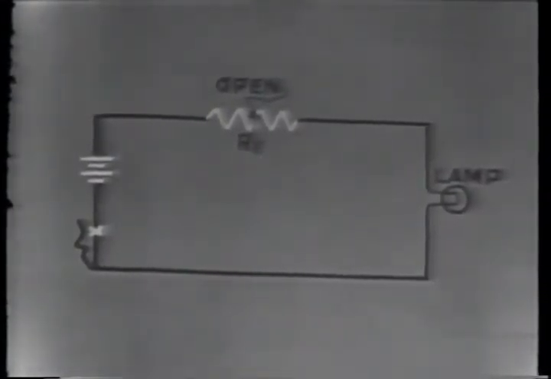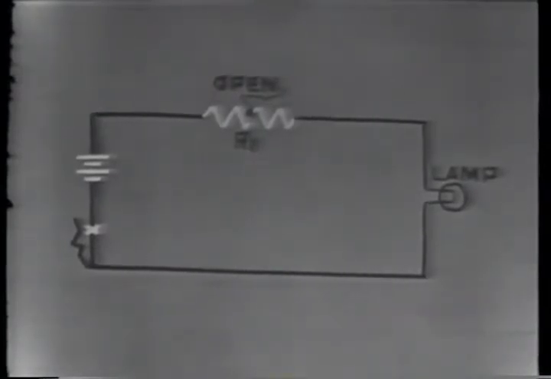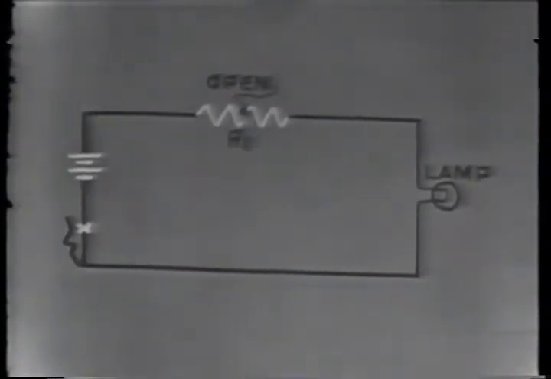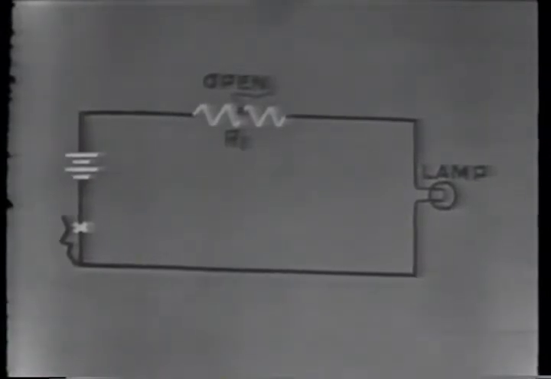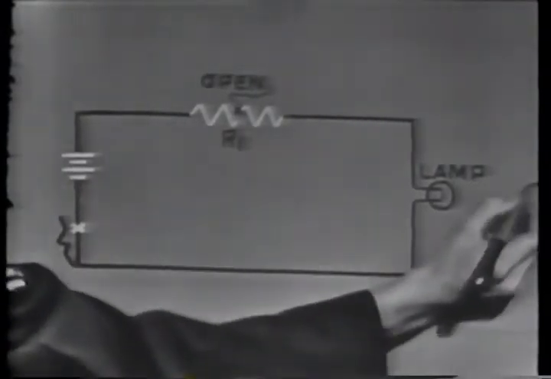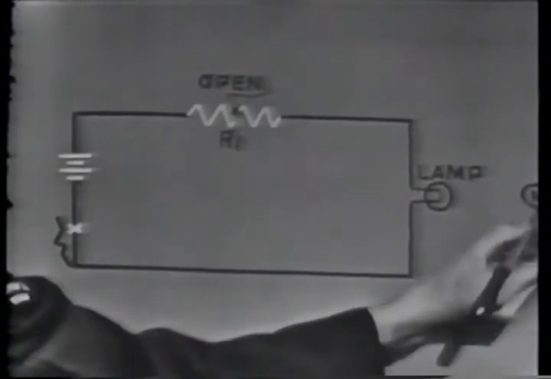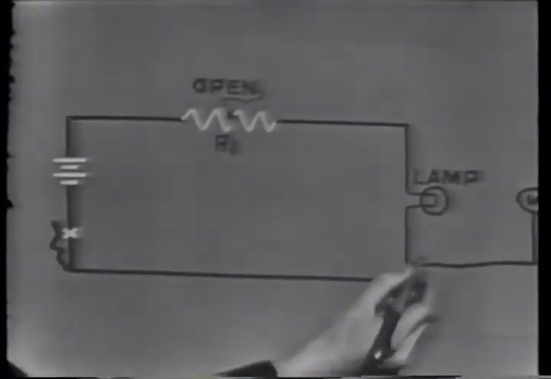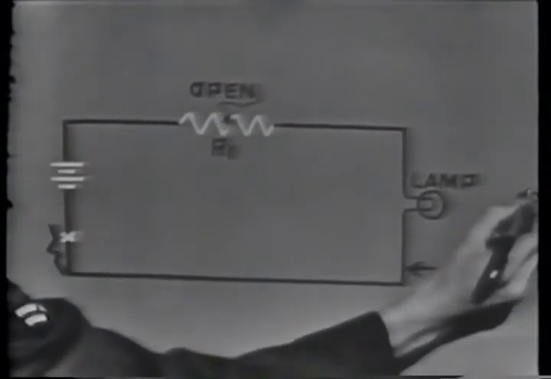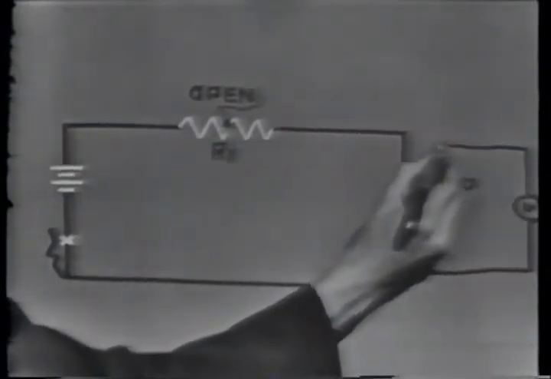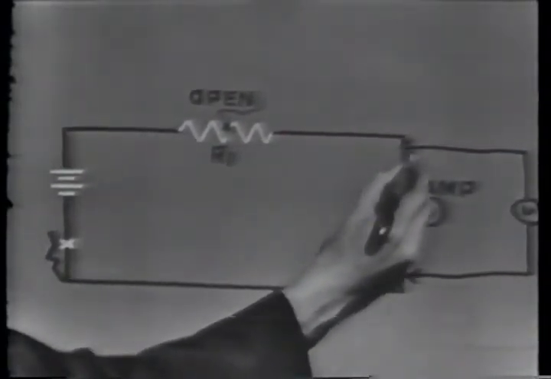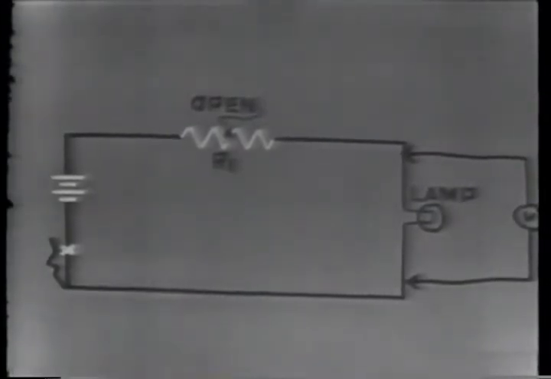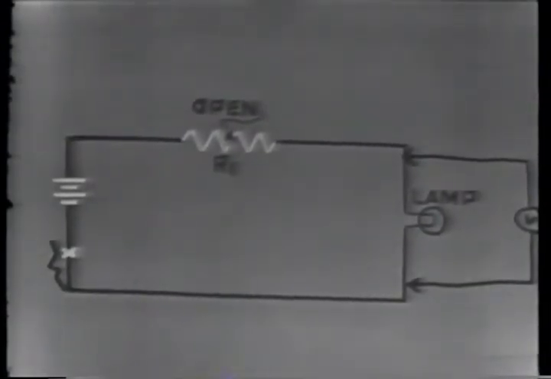You could do this with either a voltmeter or an ohm meter. First, I could connect the voltmeter across the lamp. There would be no voltage present, and the voltmeter would indicate 0 volts.